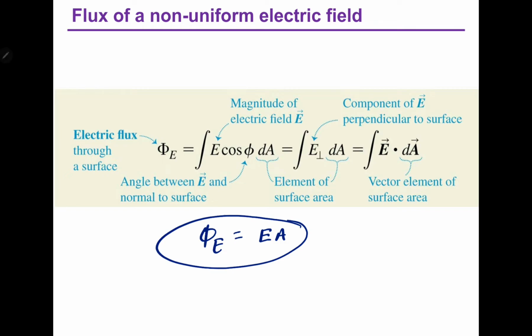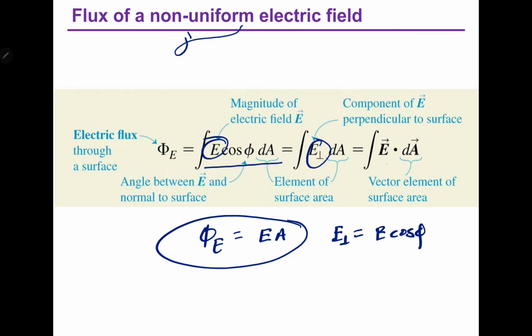So phi e equals the integration of E cos phi dA. We already know this relationship, right? We are just using this integration because we have a non-uniform electric field. E perpendicular here is E cos of phi, right?